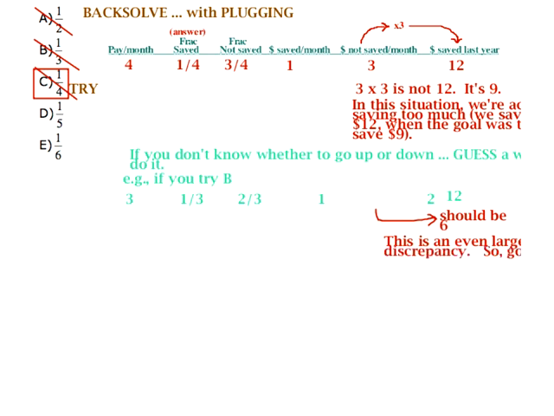So go the other way. See, it's not that bad. Don't sit there thinking about it forever. So let's try D. Let's just make it $5 a month. Then these fractions are 1/5 and 4/5. That means you're saving $1 a month and not saving $4 a month. 1 times 12 is 12.